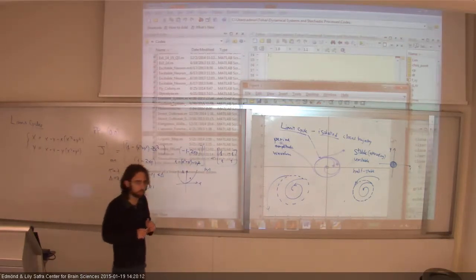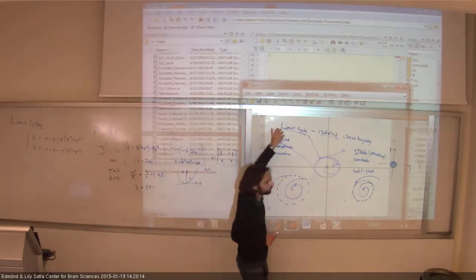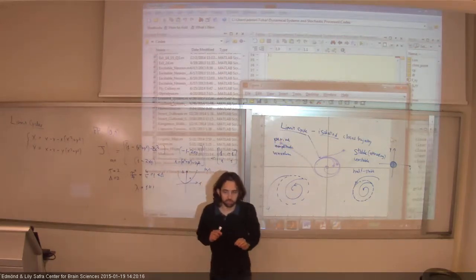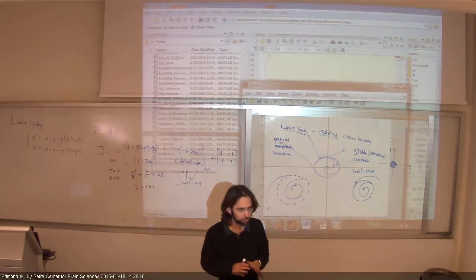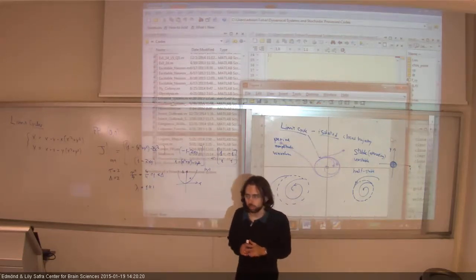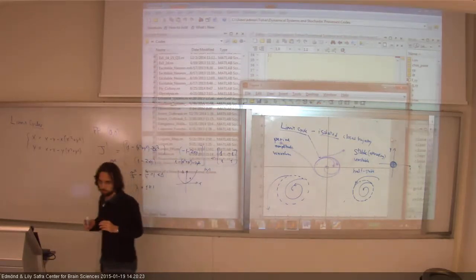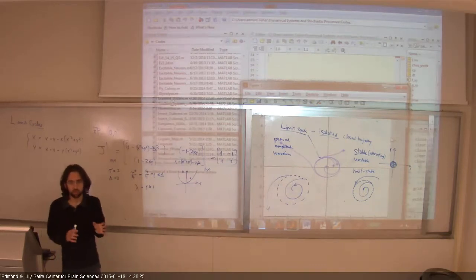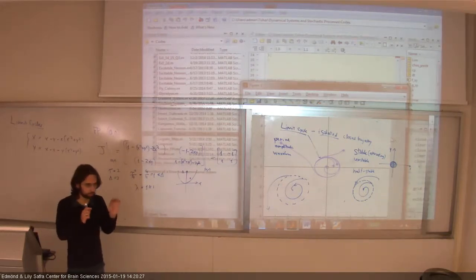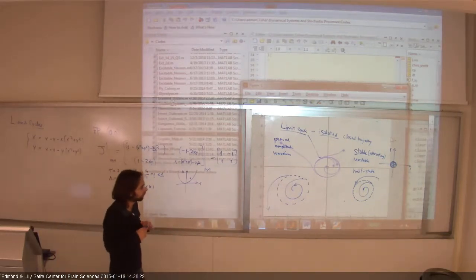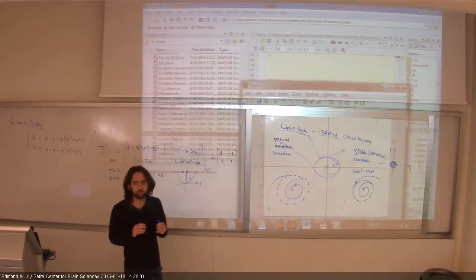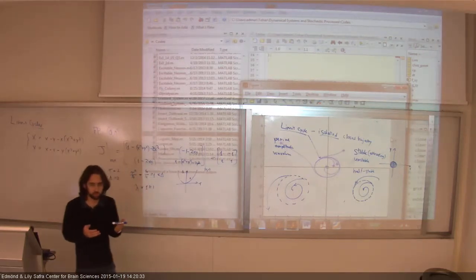Now, the important thing is that there is no general way of telling whether a system has a limit cycle. There is no analytical criterion that will tell you in advance that a given system will have a limit cycle. There are several ways of ruling out limit cycles.